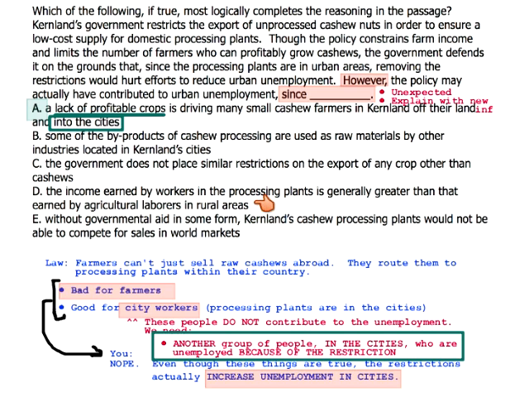This one, comparing income versus not income, nope, we just want to compare jobs versus not jobs, not how much money they make. And then this one: if you did not have the government propping them up, then the processing plants would not be able to compete. Well, guess what? The government is propping them up, so we don't care.